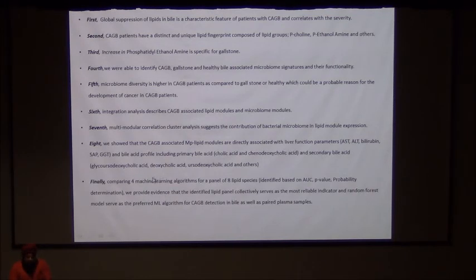And finally, comparing the 4 machine learning algorithms for the 8 panels of lipid species, we provide evidence that the identified lipid panel collectively serves as the most reliable indicator, and the random forest model serves as the most preferred ML algorithm for CAGB detection in bile as well as paired plasma samples.